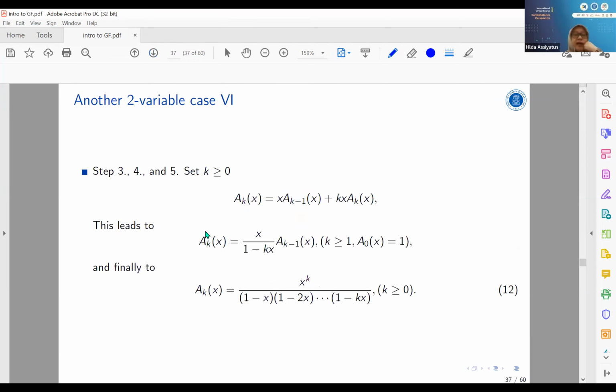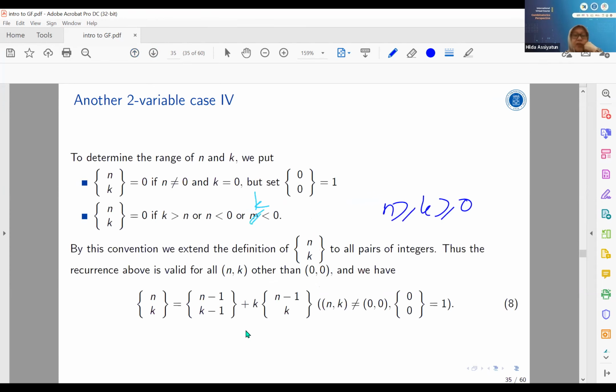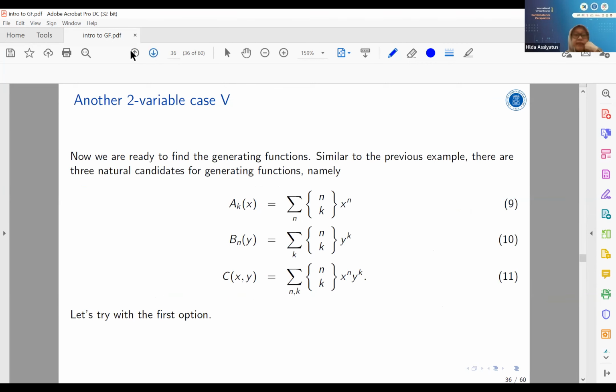Again, now it's quite routine to do that. So we multiply with x to the n.